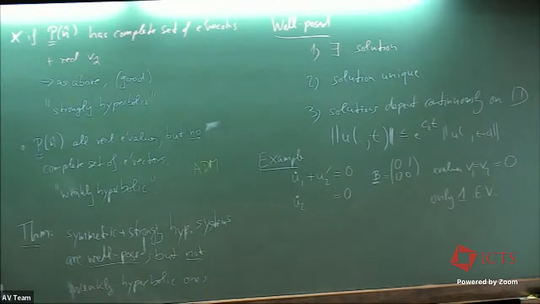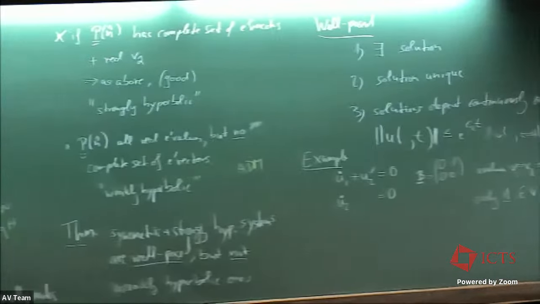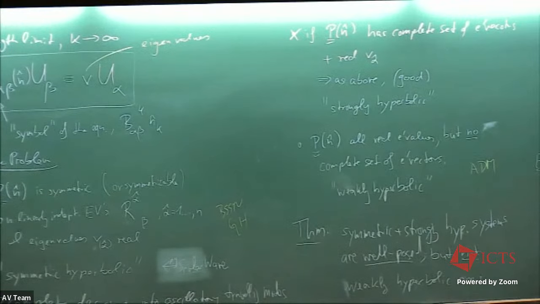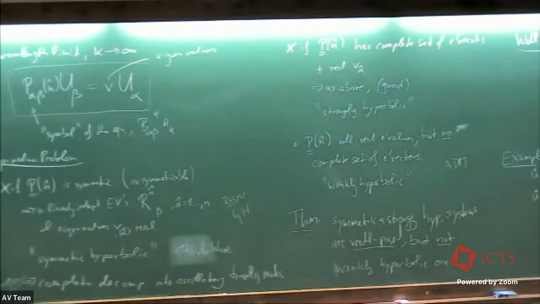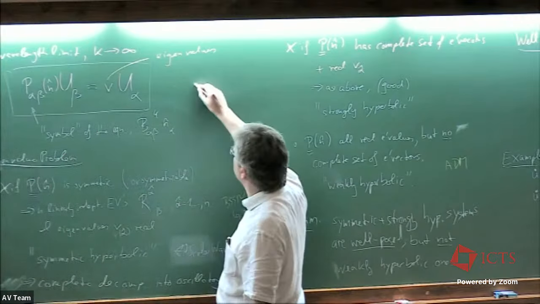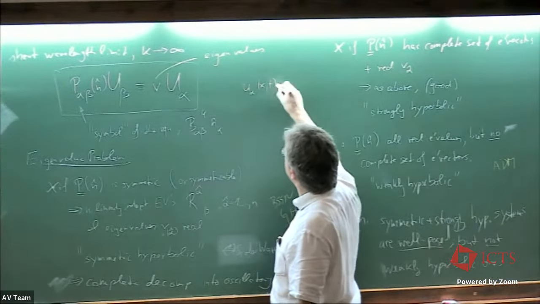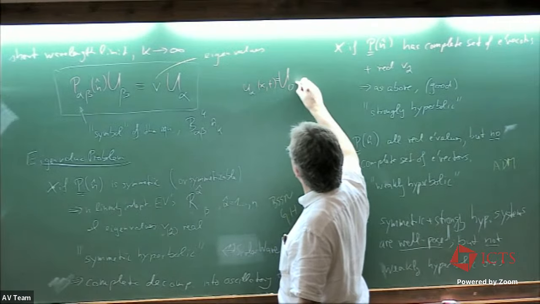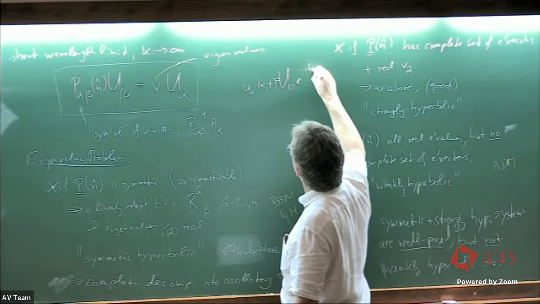So there's one more step I need to do here. For that, I want to keep that stuff over here. Can I erase the example again? And that is the fact that we did have a traveling mode here, that u of x and t was u0 e to the minus ikx and so forth.